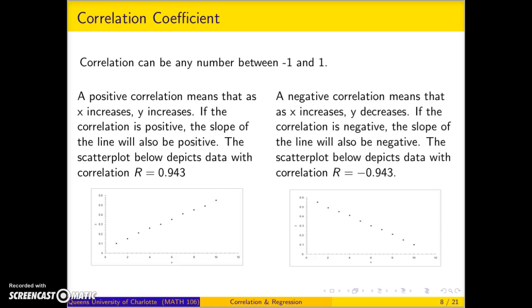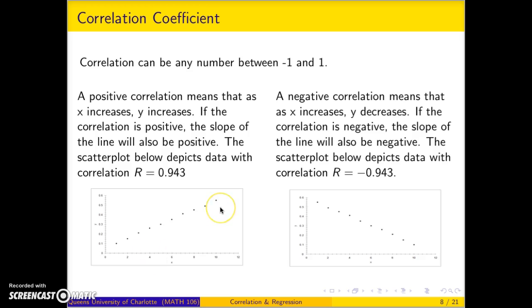Correlation can be between -1 and 1, so it should not be out of that range. A positive correlation would mean as x increases, y increases, just like our example in this data right here. If you remember from algebra, a positive slope means if you look at the graph from left to right, it's increasing.